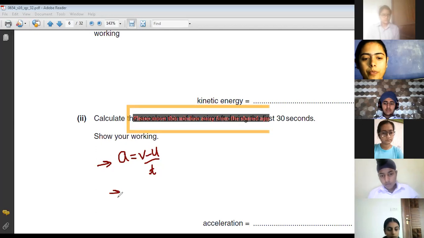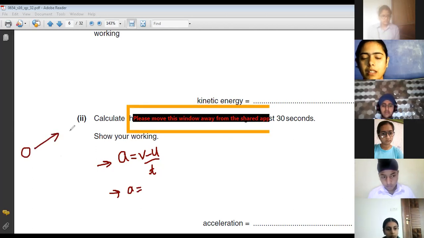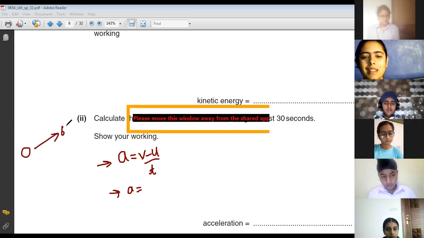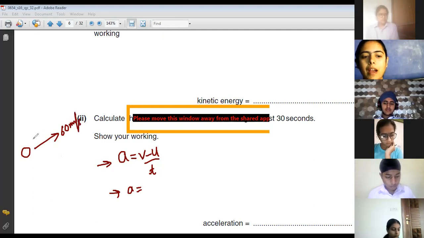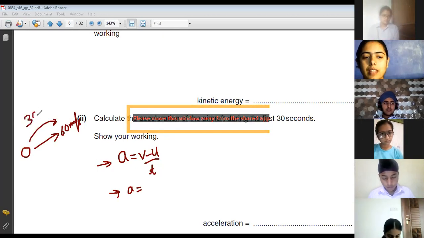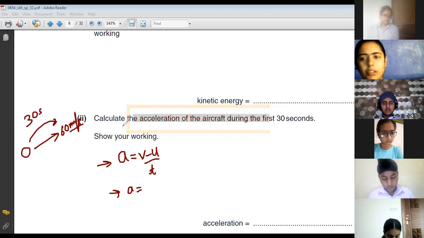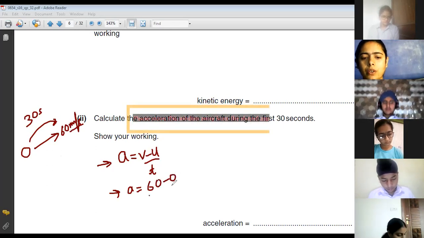Okay. Now acceleration is equal to final velocity. See, the plane started from rest, it was a plane, right? And it goes till 60 meter per second. You have to find out the acceleration in the first 30 seconds. See, time is already in standard. Velocity is already in standard, so no conversion needed. Final velocity 60 minus initial velocity 0, divide by the time, 30 seconds.